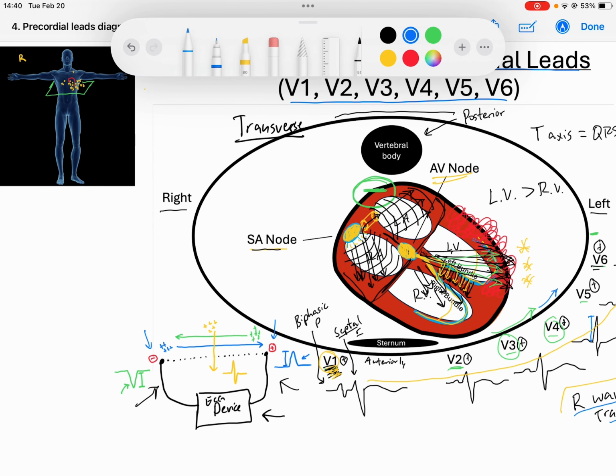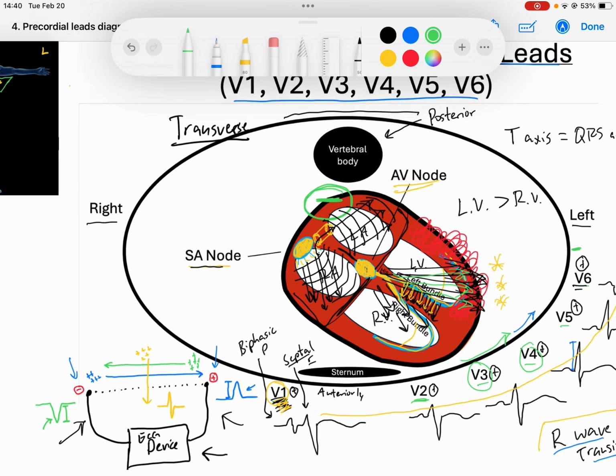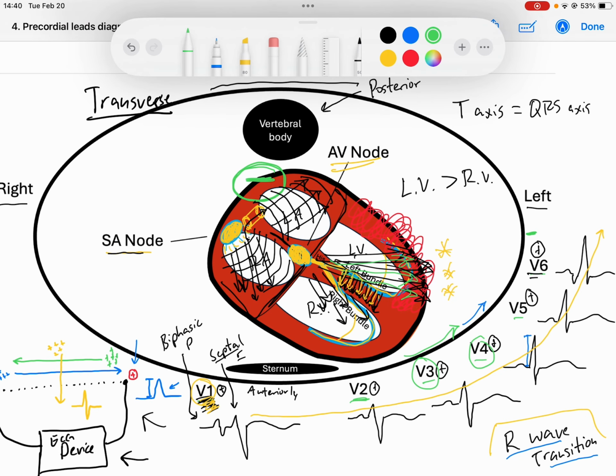And so if we slice this gentleman transversely, take a cut horizontally, this is the view we're going to get. And so we see our V leads are all created by positive electrodes, and then we have this negative electrode that the ECG computer can actually create itself.